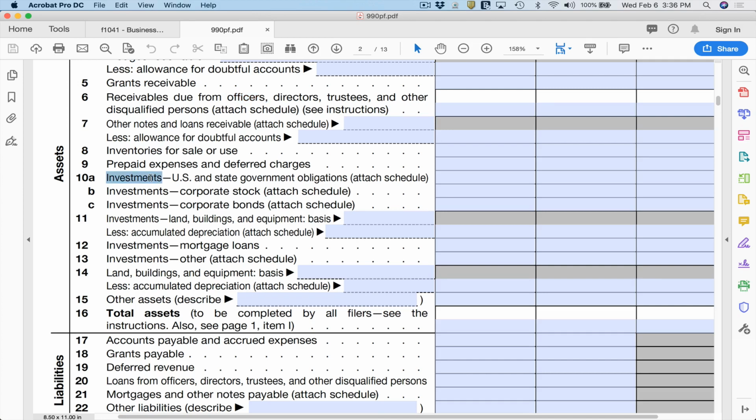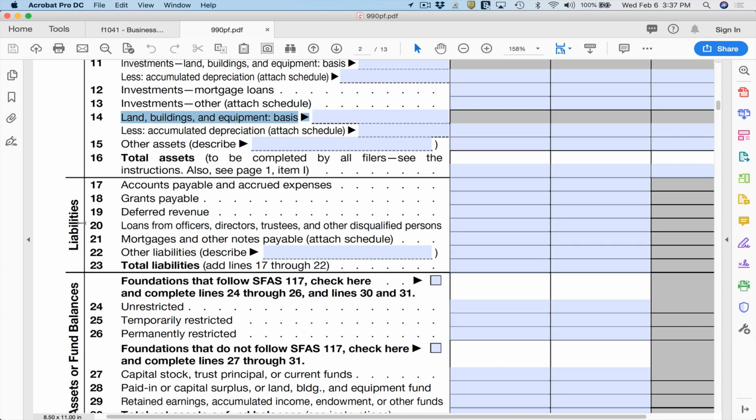It can be from investments, corporate stock, bonds, land and buildings and equipment that you own. It can be from mortgage loans. You can actually loan out this money in the form of mortgage loans from the foundation and get a return, an interest rate on that money, and that's an asset of the foundation.